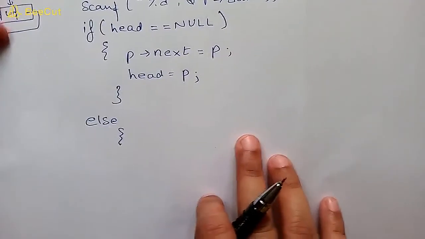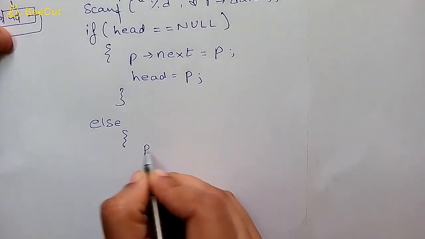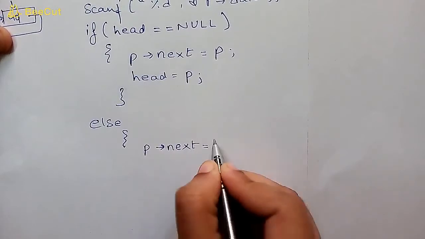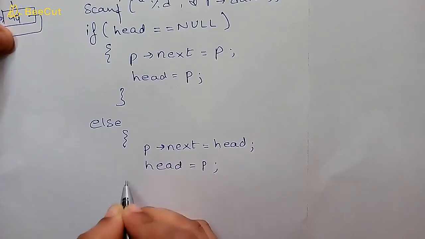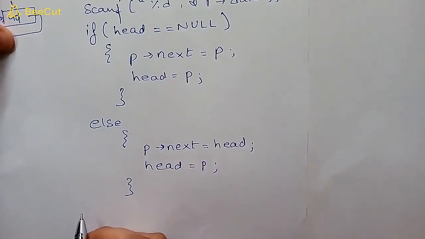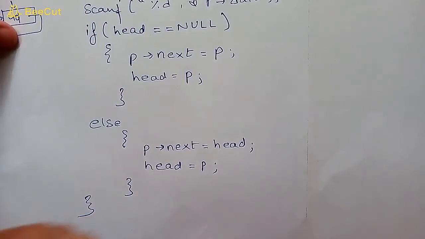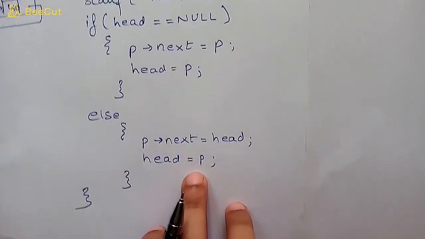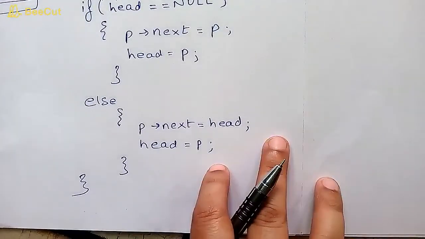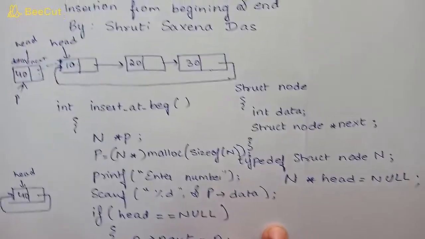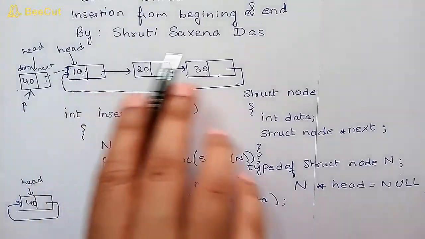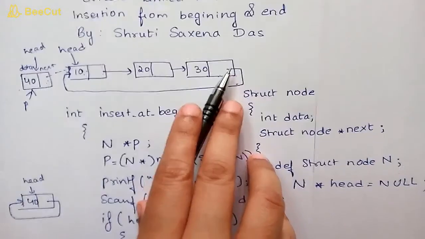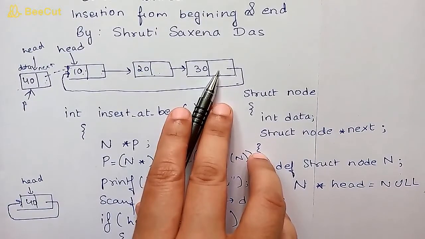So I'll write in p next, head, and the new head will be p only. So this is what we are doing right now. Now you can see in the figure that the last node contains the address of the first node, the address of head basically. So this must be containing the address of head.